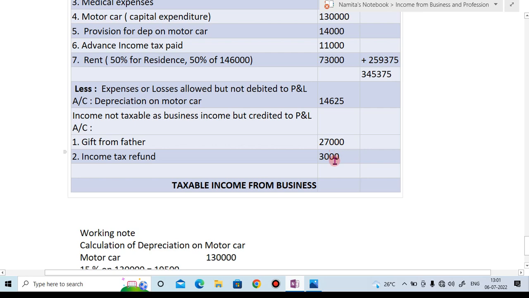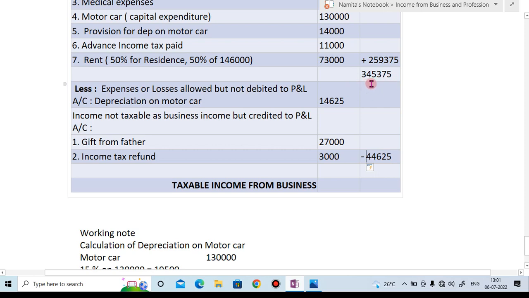Now add all three things: 14,625, 27,000, 3,000. We get 44,625. Now this 44,625 we have to less from this amount.